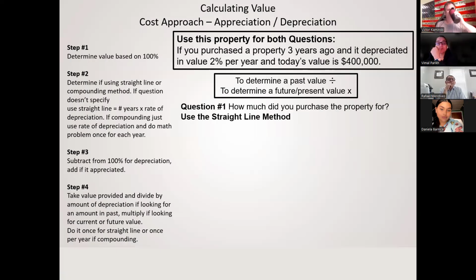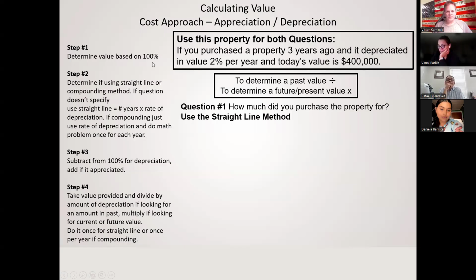If you purchased 3 years ago and it depreciated, today's value is given, and the question is how much did you purchase the property for? So it's looking for a past value, not a current value. So when trying to calculate a past value, you're going to divide.